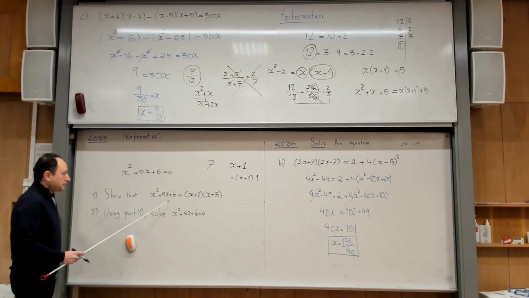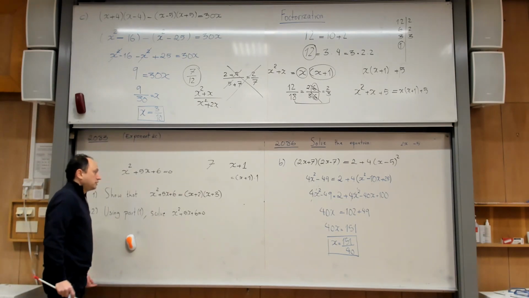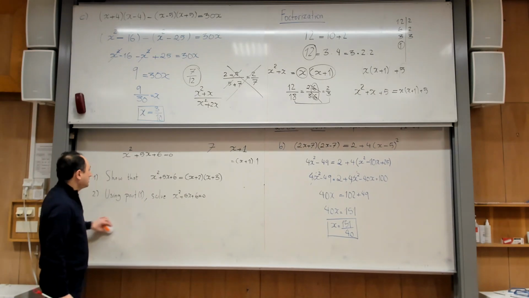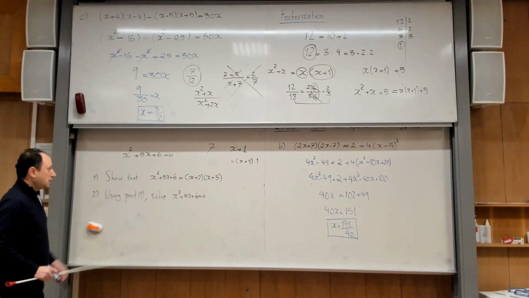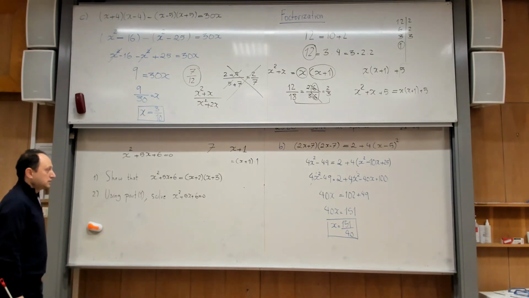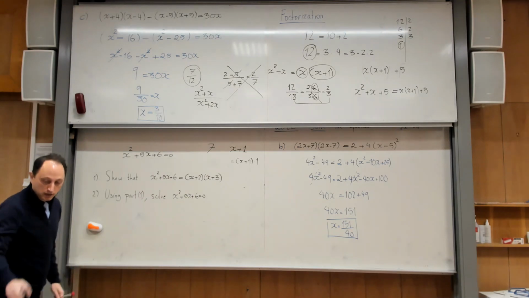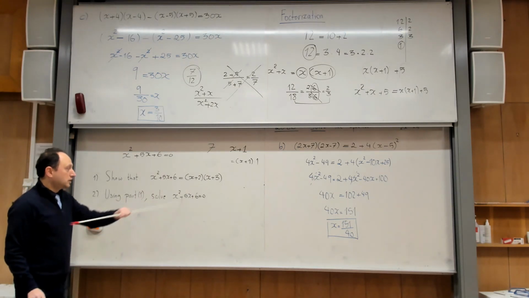Okay. Now, let me go here. First of all, I want to show that this equality is right. That is very simple. How should I do that? I have to start from one side, go to the other side, and show that this is true. I would prefer to start from the right-hand side this time, because I know what to do. That's a product, so I multiply.